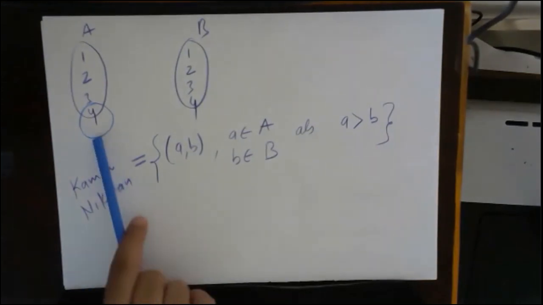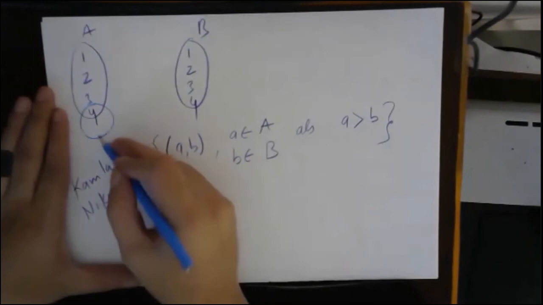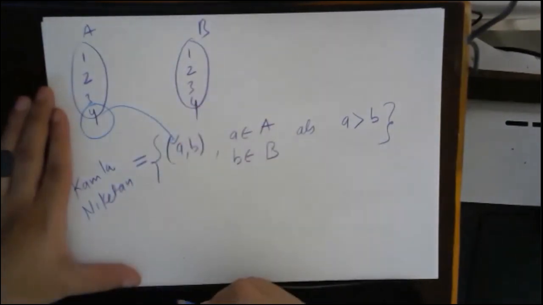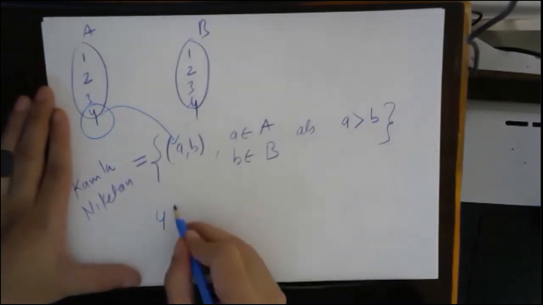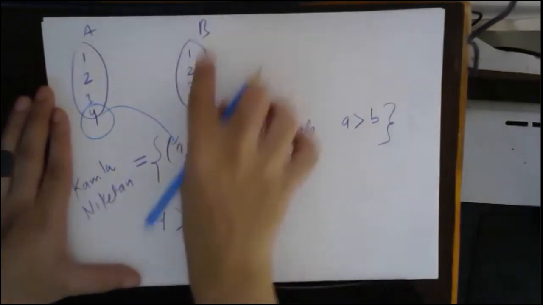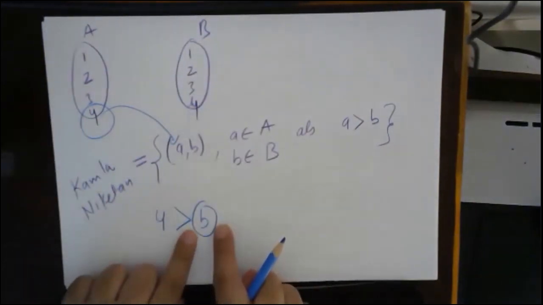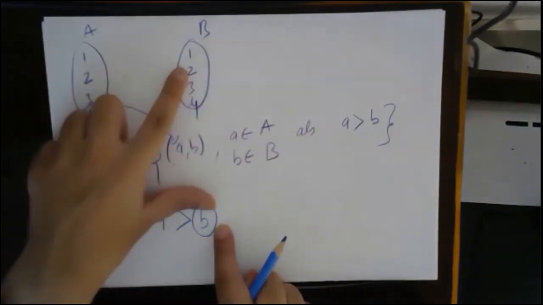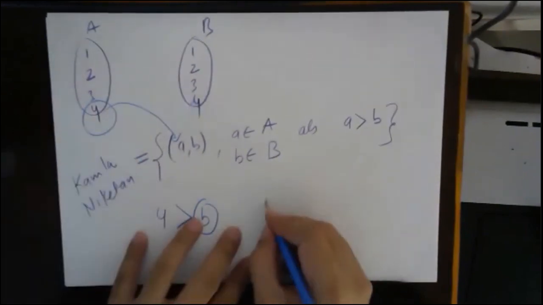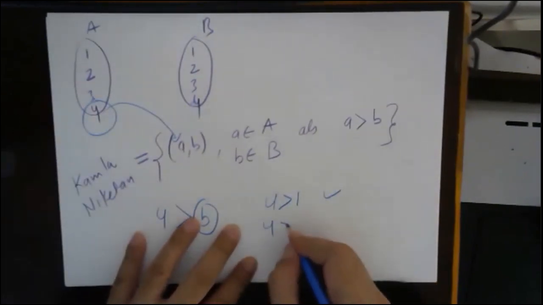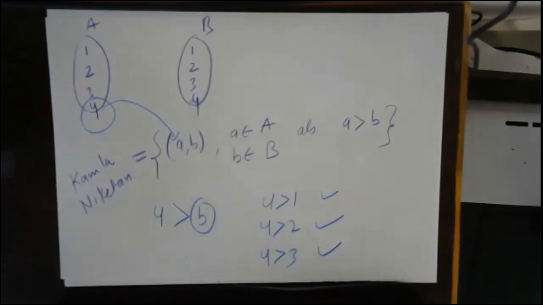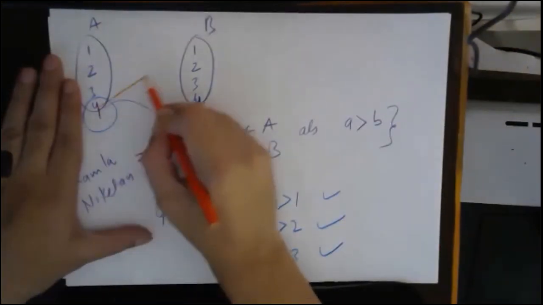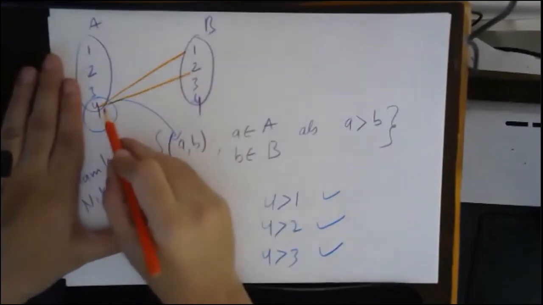This b is coming from set B, so b can be 1, 2, or 3. Is 4 greater than 1? Yes. Is 4 greater than 2? Yes. Is 4 greater than 3? Yes. Very good. So 4 is linked with 1, 4 is linked with 2, 4 is linked with 3.